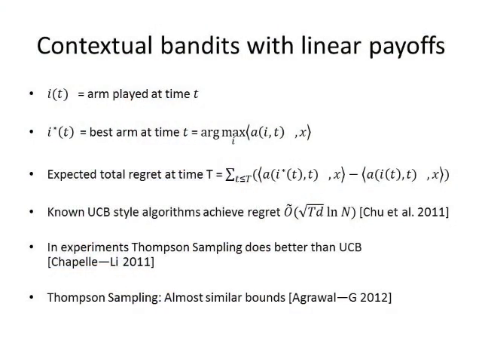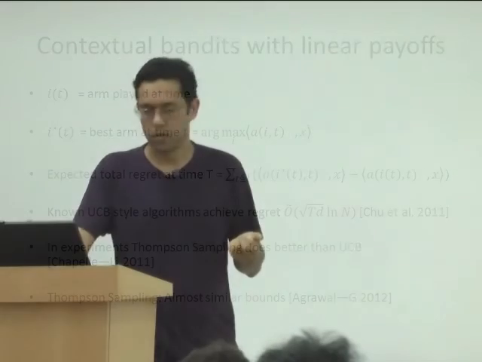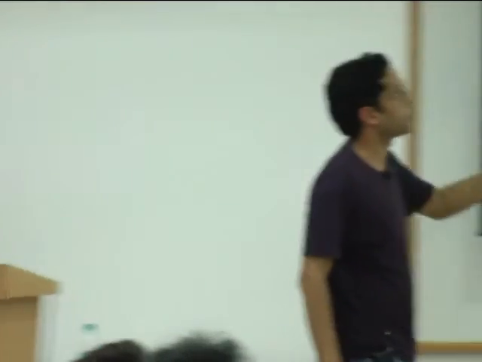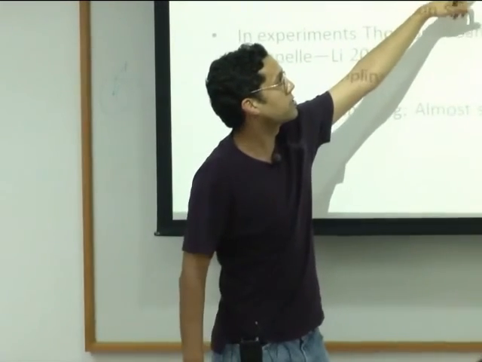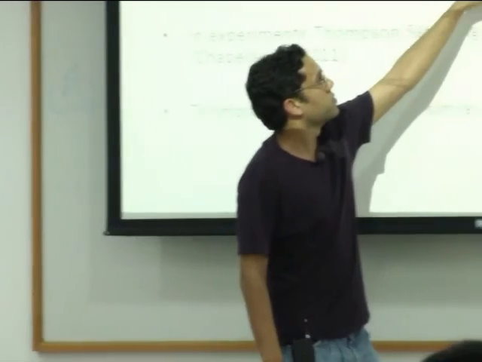So what is the reward? What is the regret in this case? If we played arm I of t at time t, and if I star of t is the best arm at time t, which is the arm which had the highest probability, so which maximized ai of t dot x, then the expected total regret obtained at time t is just obtained by summing this dot product.